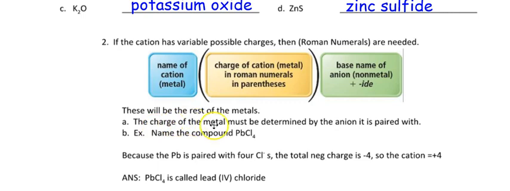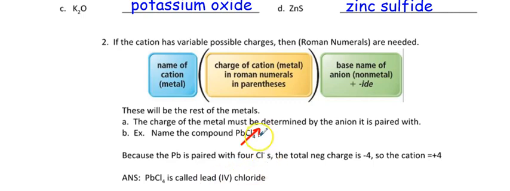So the charge of the metal must be determined by the anion it is paired with. So example, name PbCl4. So Pb is wishy-washy, it's lead. It's one of those Latin ones, so plumbum, lead. This is a little shortcut to help you. So reverse the crisscross. What is the subscript of lead? There isn't one, it's 1. So is 1 the charge of chlorine, yes or no? Yes.